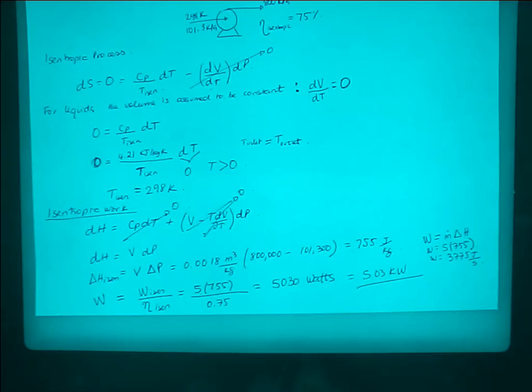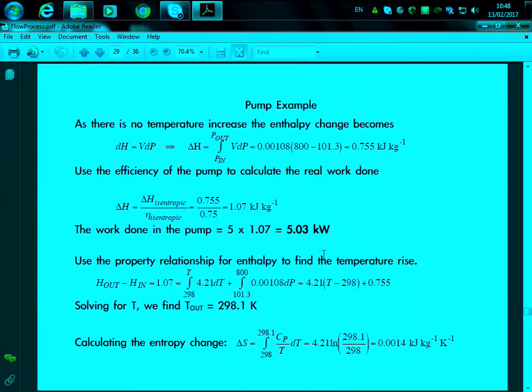Okay? So now we're going to actually take these values to obtain, again, go backwards, the real enthalpy change and the real temperature at the outlet. Right? So first was isentropic, and then we took the real of the two of them.